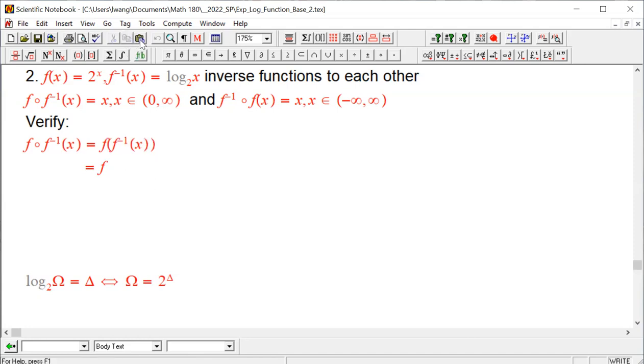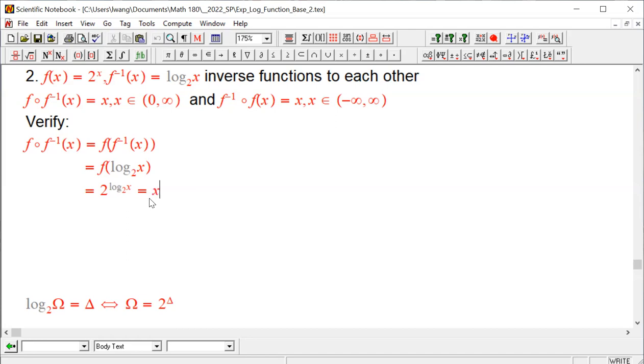F inverse x is log base 2 x. And now the input is log base 2 x, so we're going to take 2 to the power of log base 2 x. Guess what this should be equal to? This has to equal x. Okay.